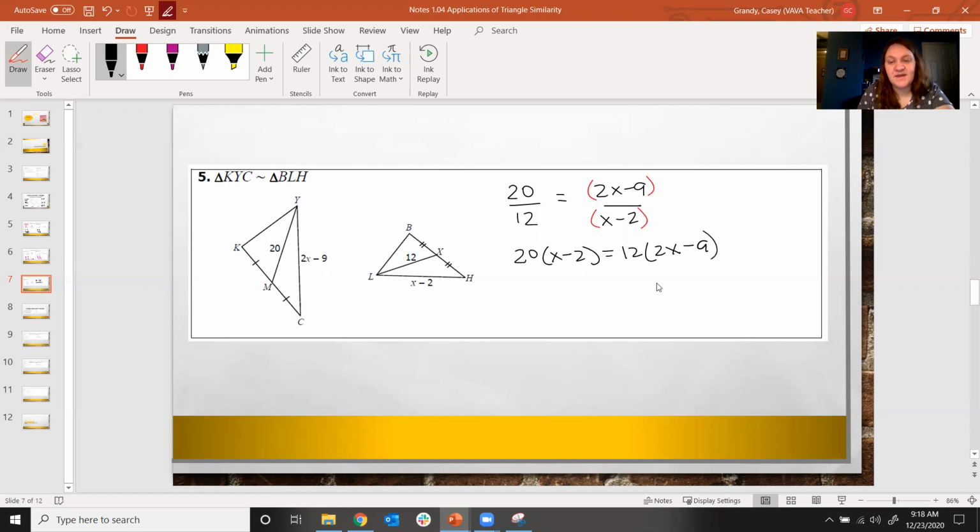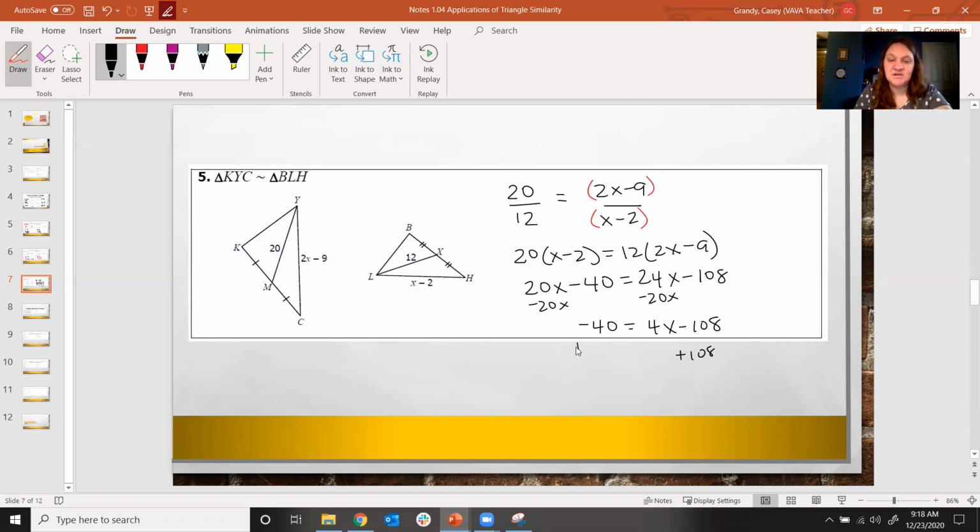Okay. Once I have that cross multiplied, I'm going to distribute my 20, and I'll distribute my 12. And now we're going to solve for x. I'm going to subtract 20x from both sides. Negative 40 equals 4x minus 108.